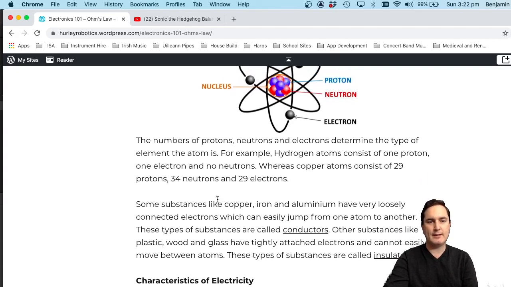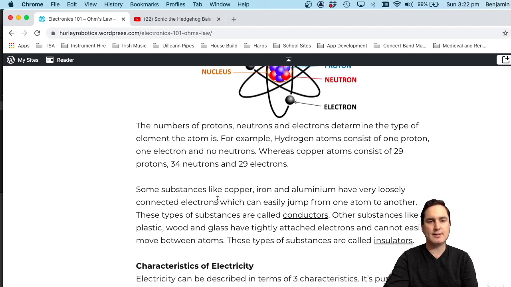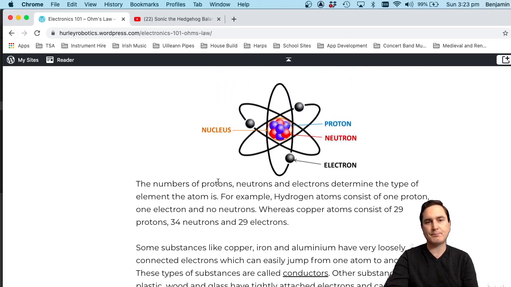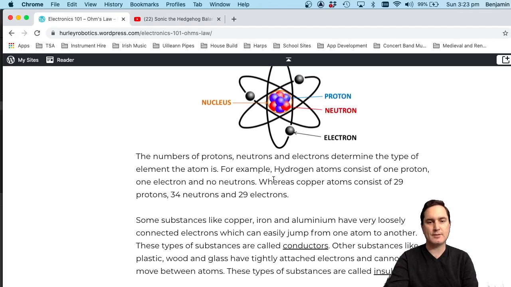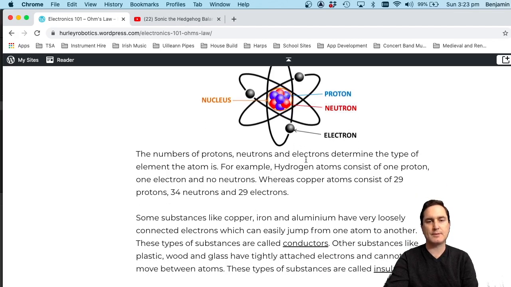Right, now what we're interested in in electronics is what things conduct electricity and what things don't. So things like copper, iron, aluminium, metals basically, their electrons, these spinny ones, are more loosely attached. They are free to hop across from neighboring atom to neighboring atom. We just said that the flow of electrons is what electricity is.